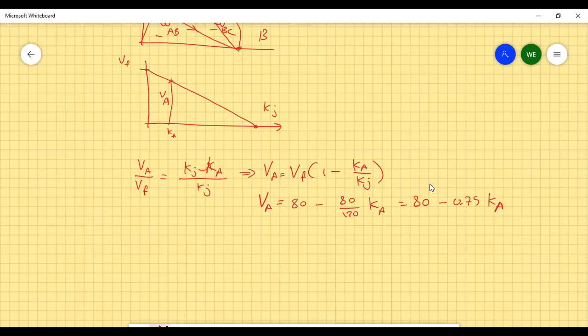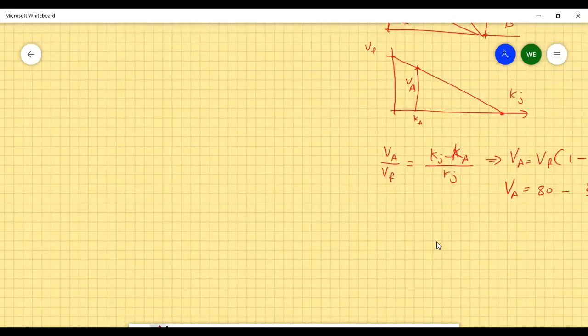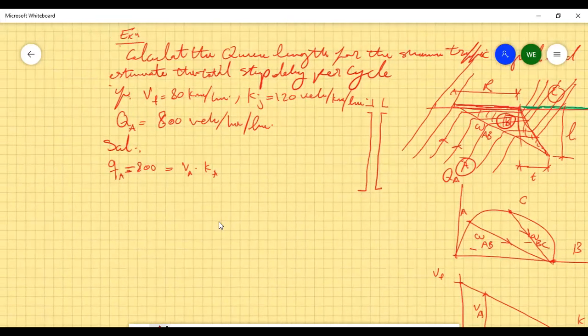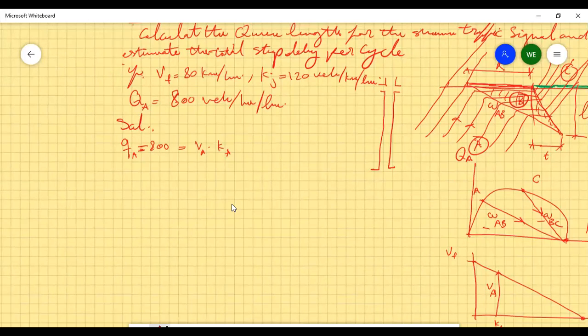Correct? No, actually it's 0.67. Okay, so I'm sorry. So we have 800 equal VA times KA, so we have 80 KA minus 0.67 KA square.